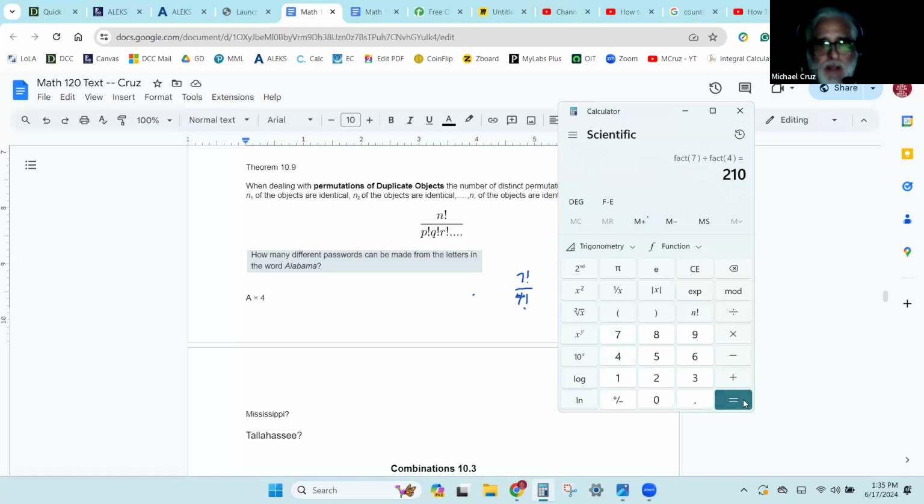So there are 210 different ways to arrange the letters in the word Alabama.